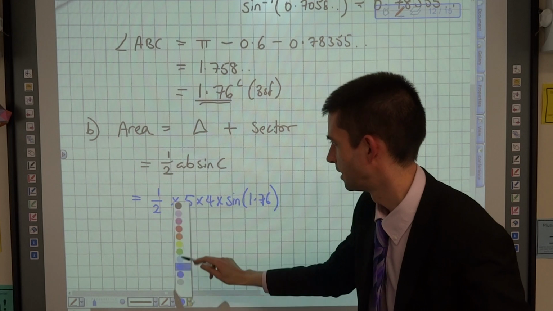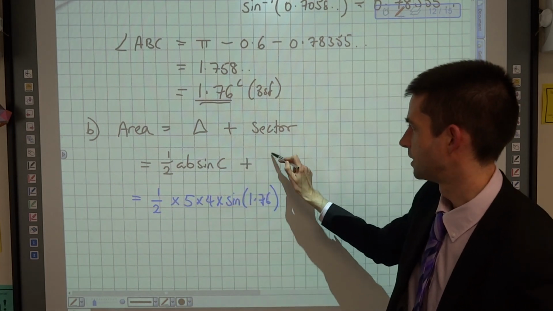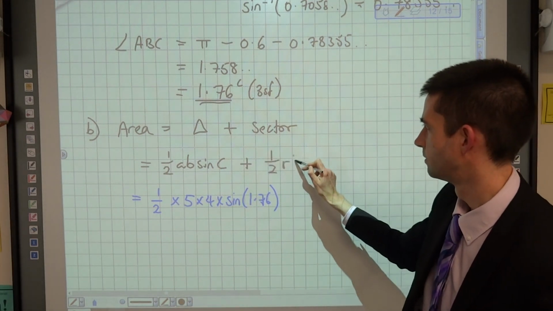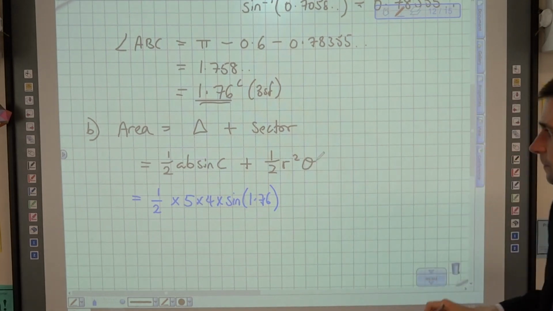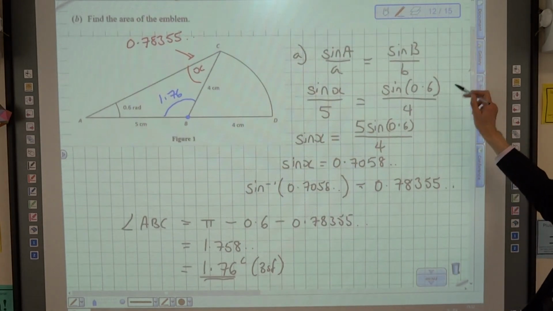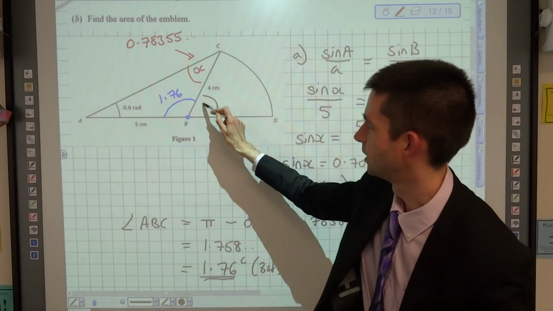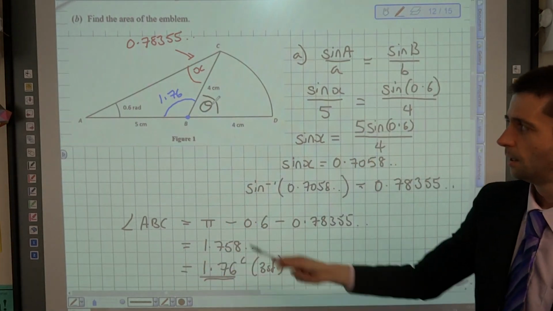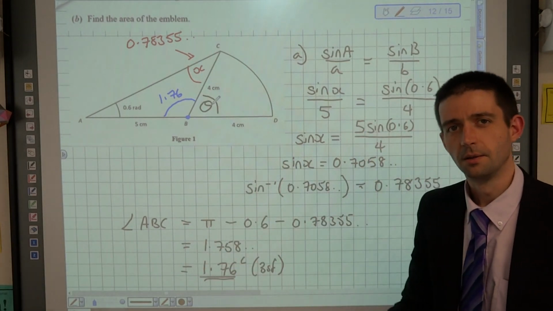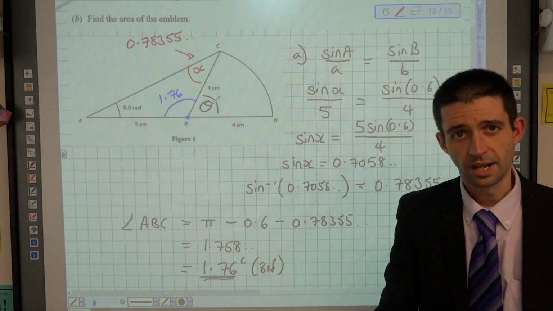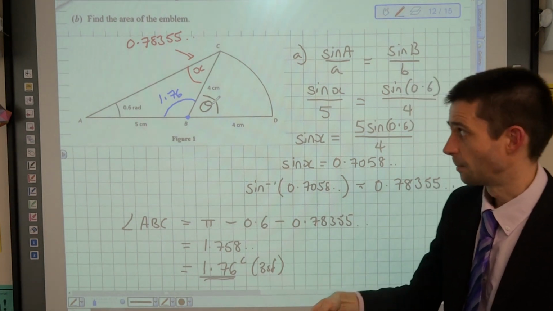I'm just going to park that there for a moment because I'm going to add the area of the sector, half r squared theta. Now, the angle that I need for theta is this angle here. So I've got angles on a straight line. What do they add up to? 180, but in radians they add up to pi.